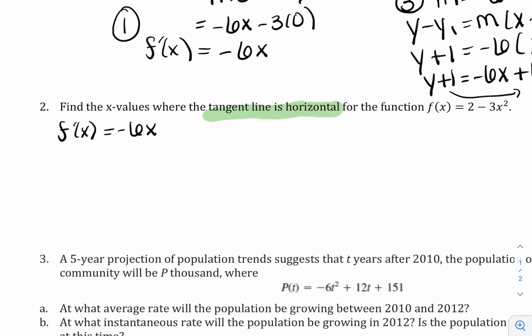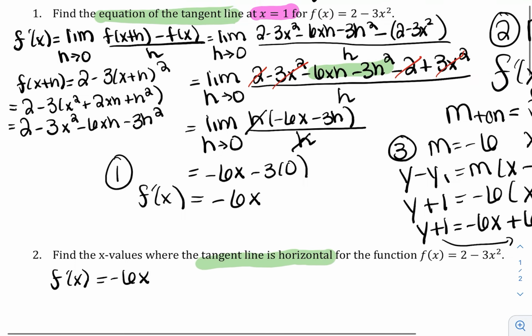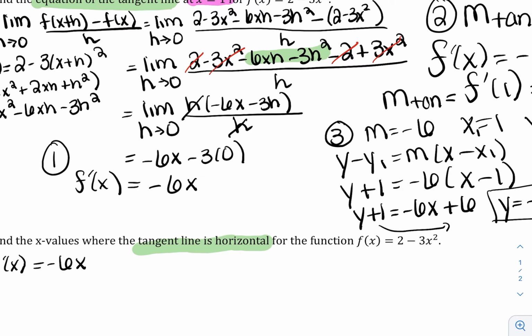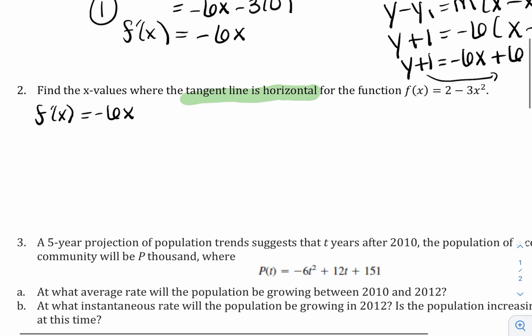Okay, so the difference in number 2 versus number 1 is that in number 1, the x is given to you, and you need to find the slope. Because to create an equation of a line, you need the slope. So when you're asked to find the equation of the line, it gives you x, you find m. In number 2, it's the opposite.